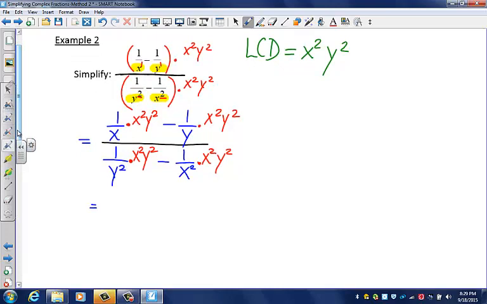Okay? So here, when we go to multiply, we can put that over 1, we see that we have a common factor, so we're going to divide that out, divide out an x. So we're left with 1 times x times y squared, which is xy squared.